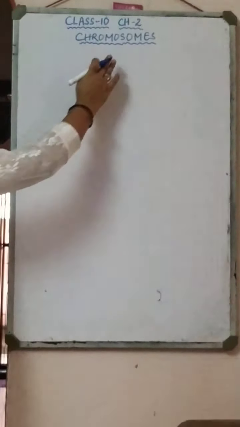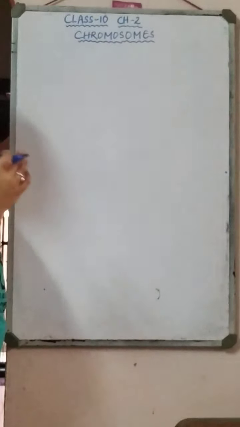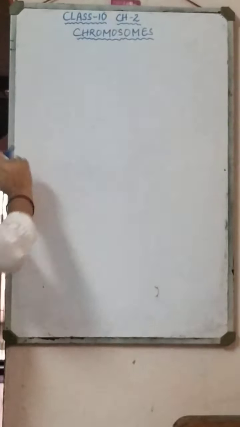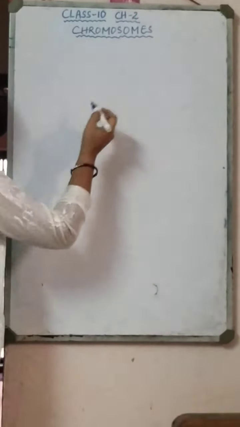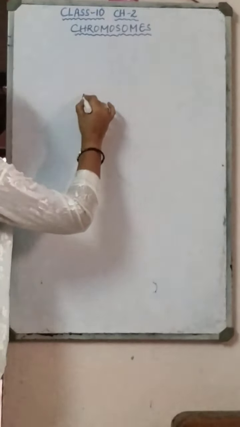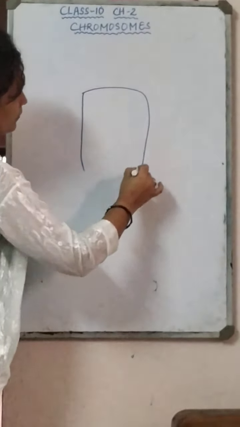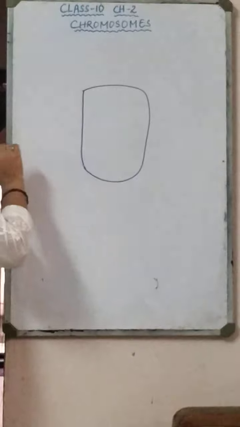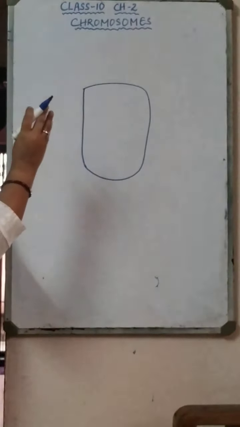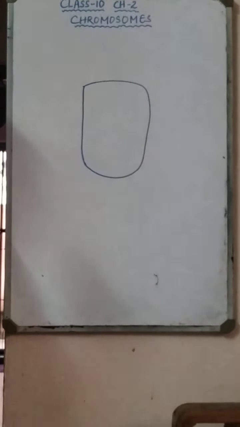Okay. So what is a chromosome? As we have discussed in previous classes, chromosomes are found in the nucleus. Suppose this is a cell, an animal cell. Whenever the word cell comes to mind, three main things are thought of by anybody.